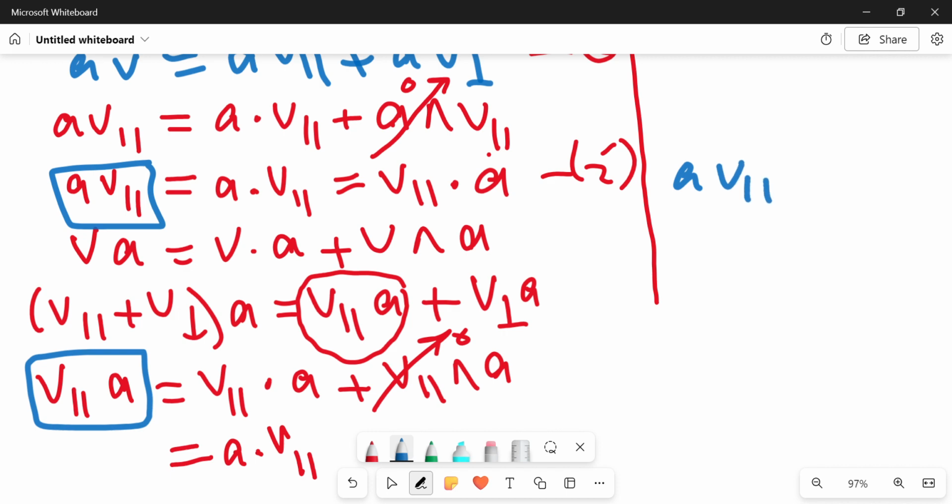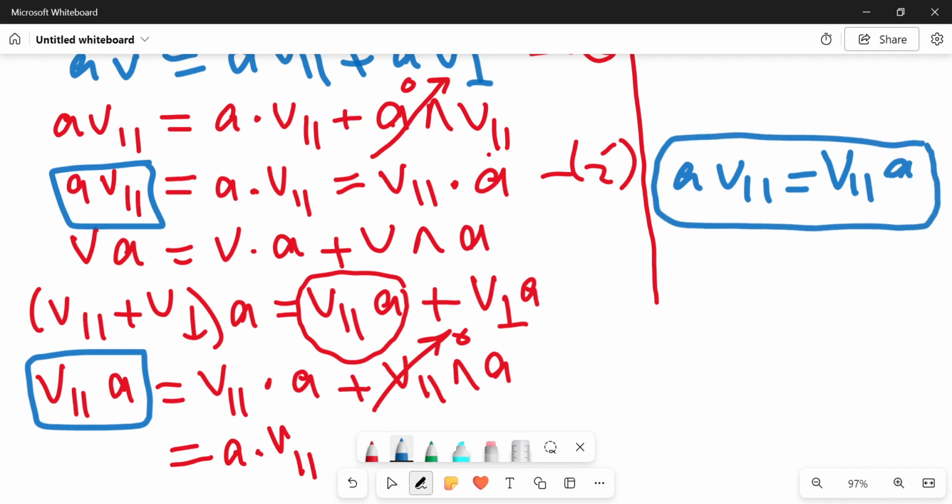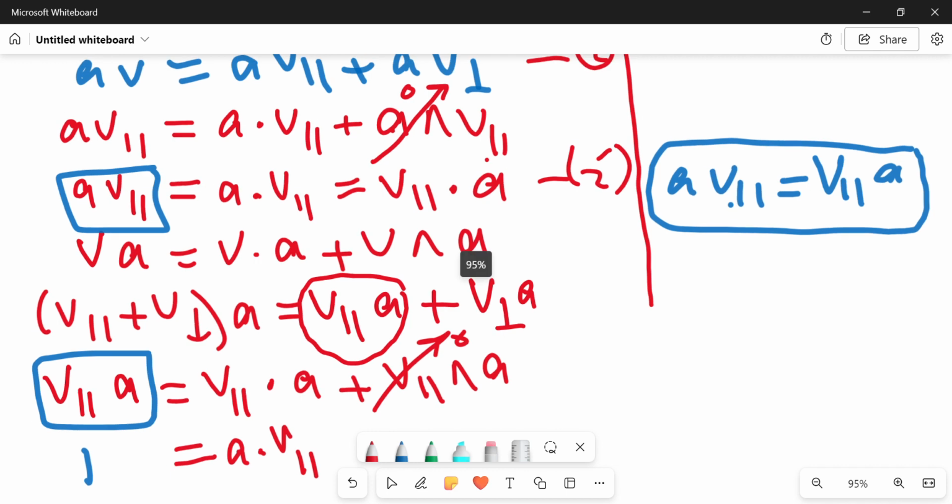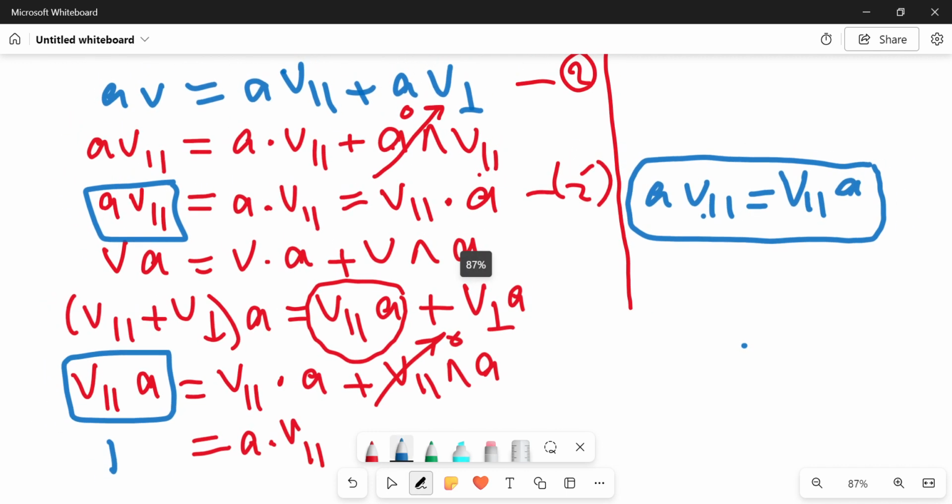So therefore A V parallel equals V parallel A. This is important. The geometric product of the parallel component of the vector V, the component parallel to A, with A is commuting. So A V parallel equals V parallel A. This is an important fact. Now let's go to the other one. Keep in mind this one.